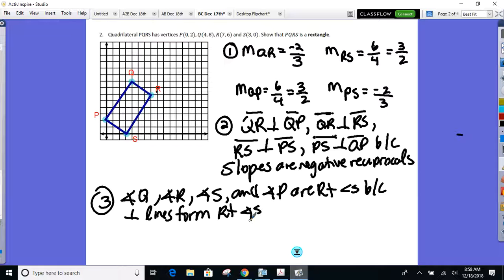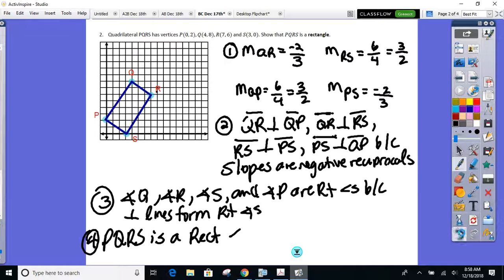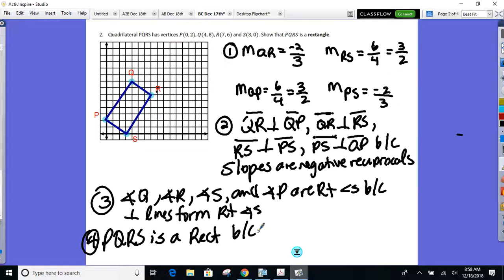And then now if you have all four right angles, what do I have here? I don't need to say they're congruent. You can go right to saying if you have four right angles, this is a rectangle. So PQRS is a rectangle because all four angles are right angles.